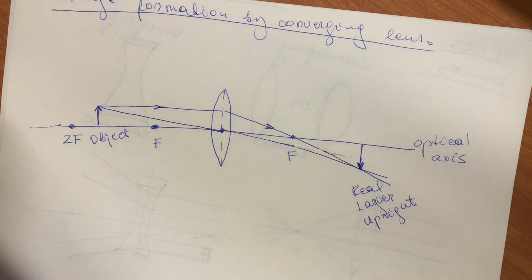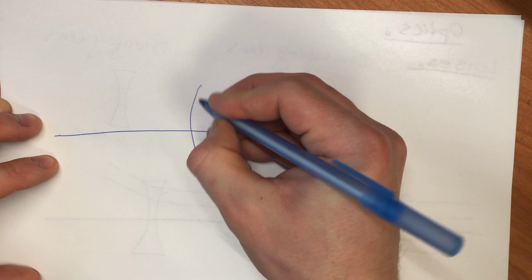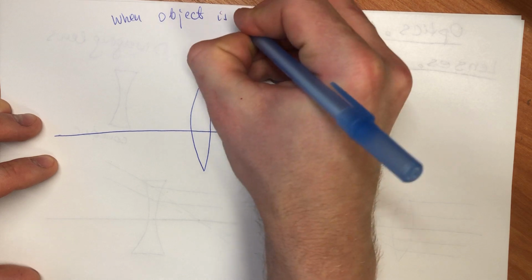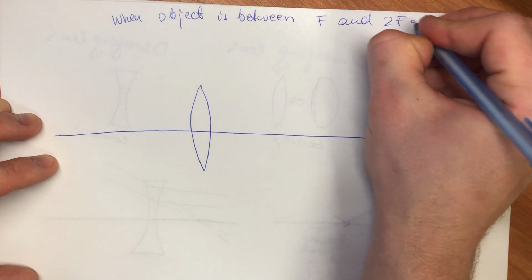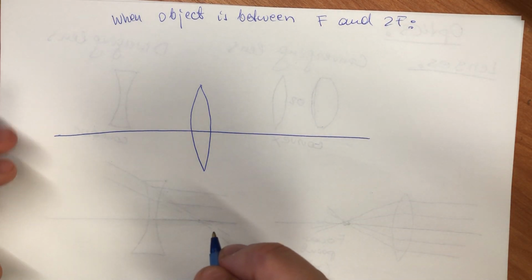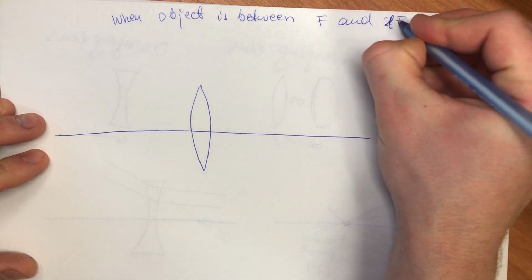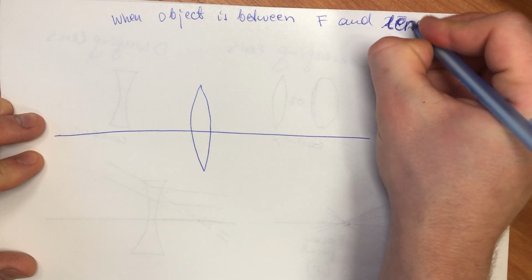Another important thing is when the object is between the lens and f.